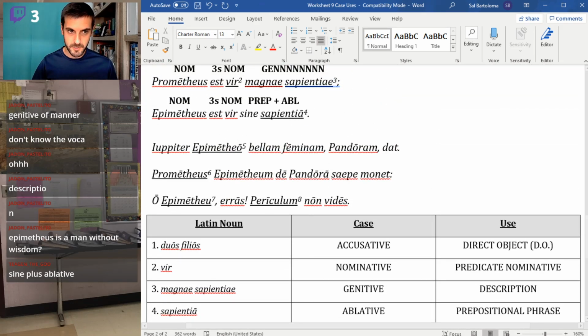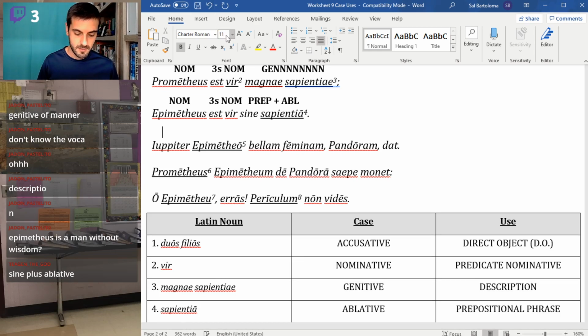So then we get our next part here. Jupiter Epimetheo on my chart could be dative, could be ablative. I read through the entire sentence. Jupiter Epimetheo bellam feminam Pandoram dat. And my verb is dat. And dat is half of the word dative.